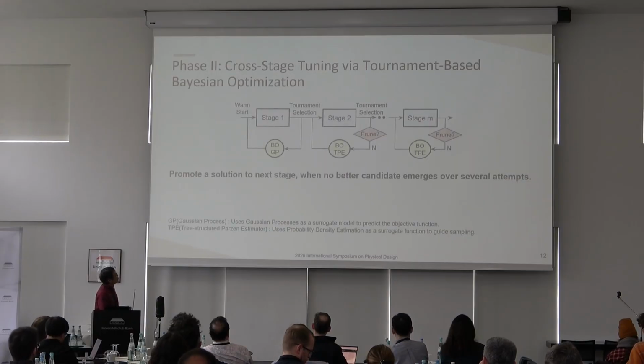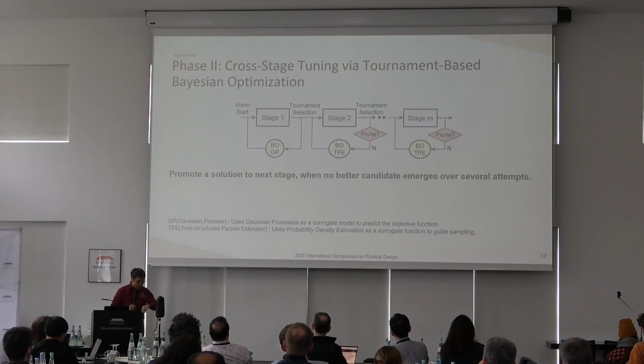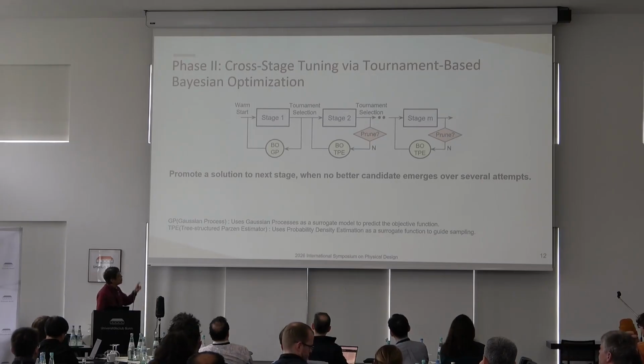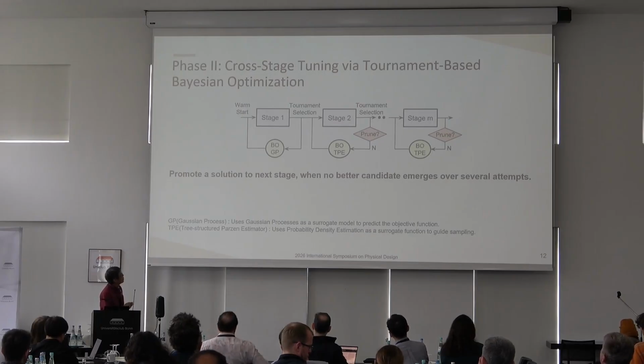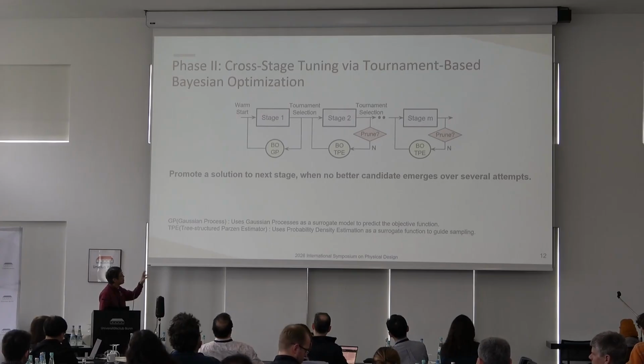So this is a stage-by-stage Bayesian optimization. Bayesian optimization itself is nothing new, but there's something new here, which is the surrogate model. One common surrogate model for Bayesian optimization is Gaussian process, but here we use two different surrogate models.